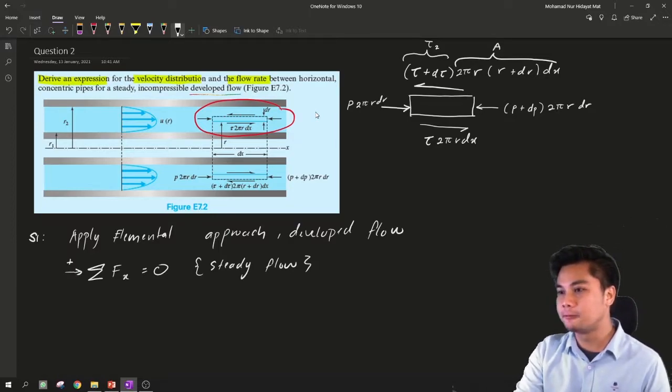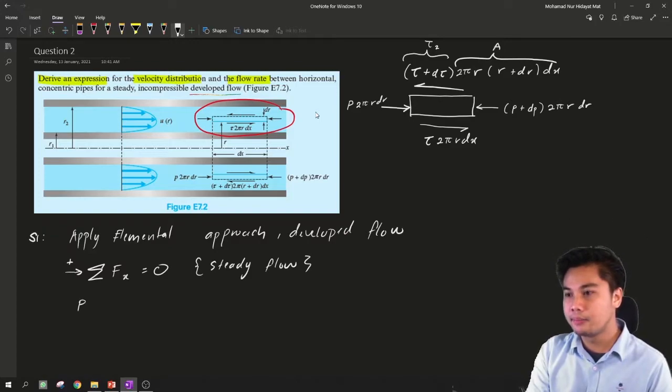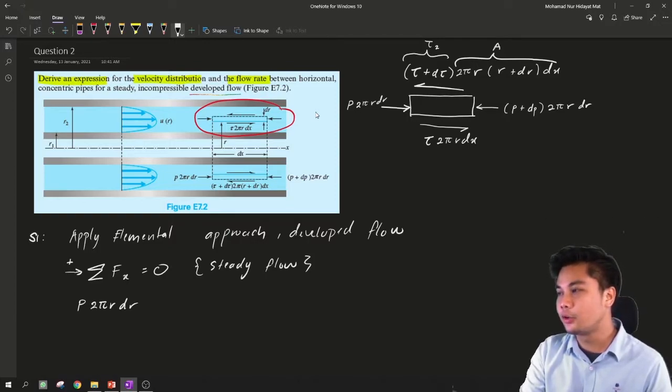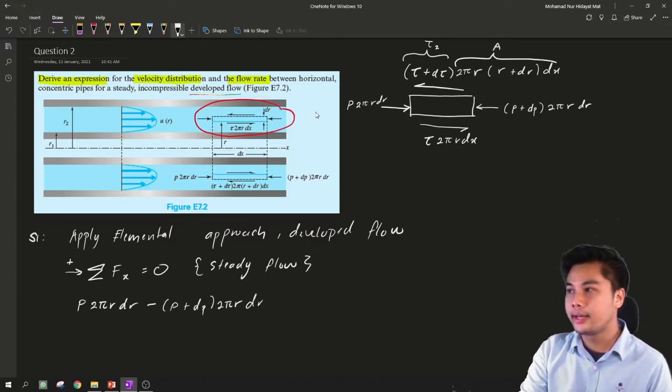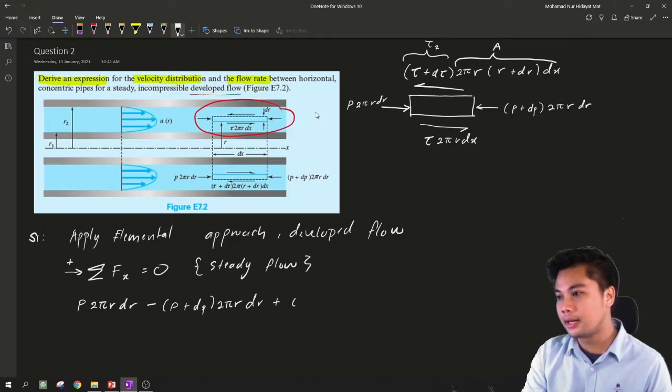So this is the pressure force: P 2 pi r dr going to the left, minus P plus dP times 2 pi r dr. And then this one going to the right is positive, tau 2 pi r dx.